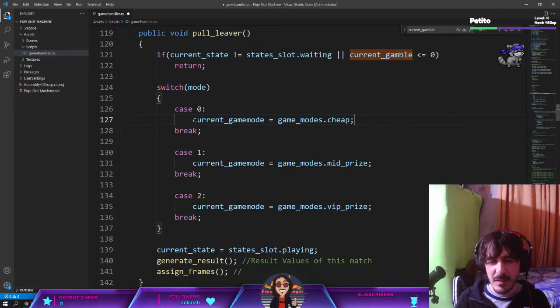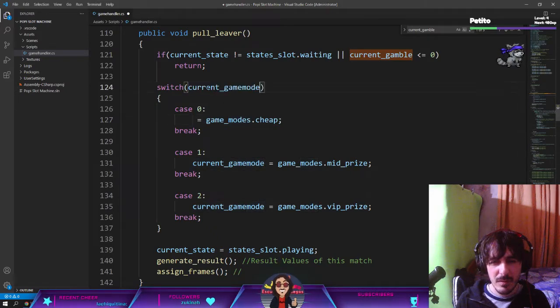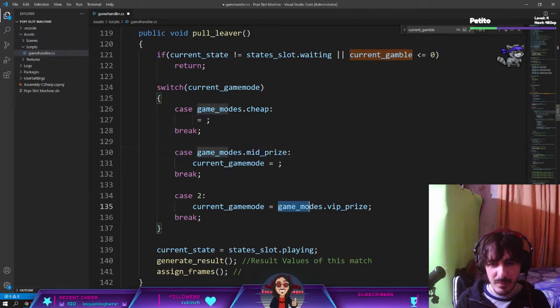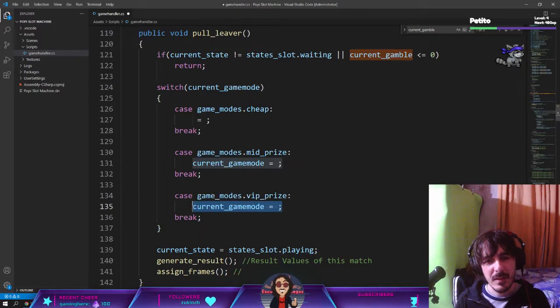Okay, here I have to test the game mode. And here will be these game modes.